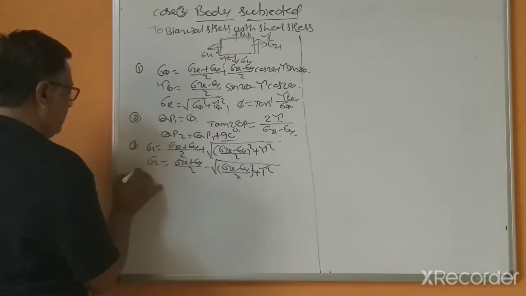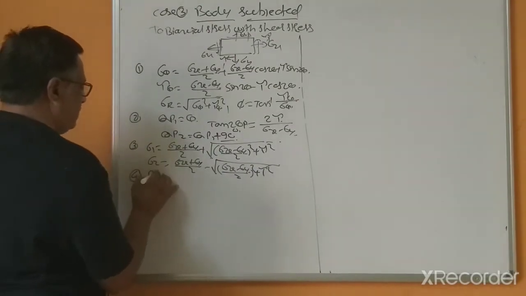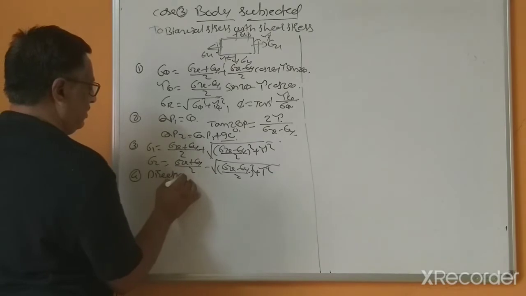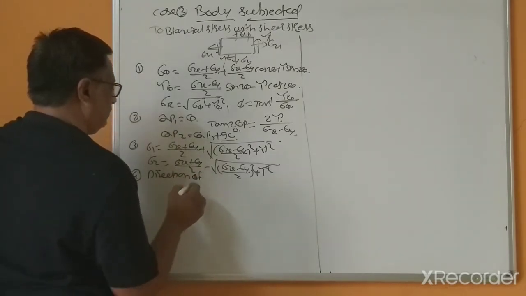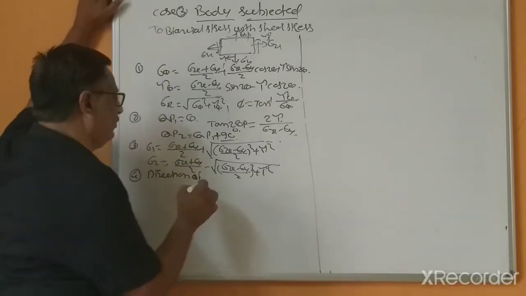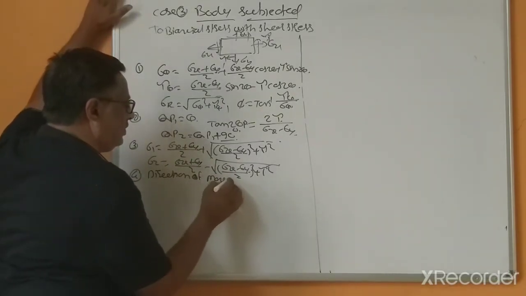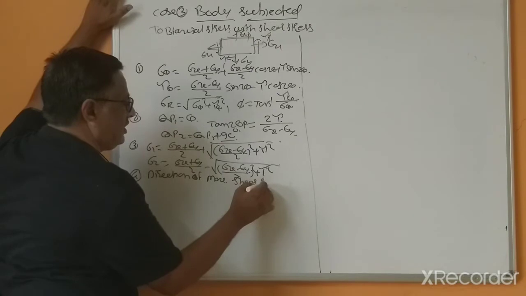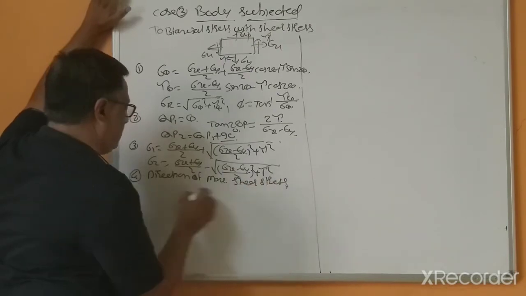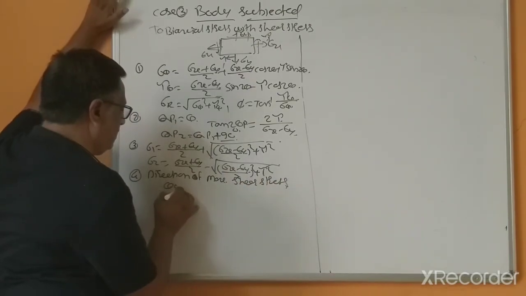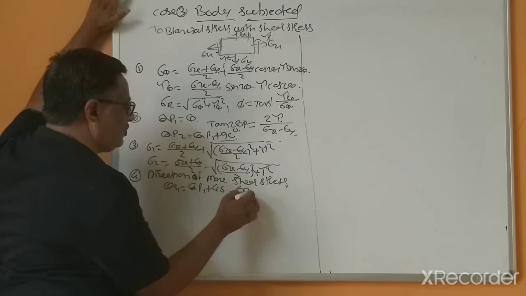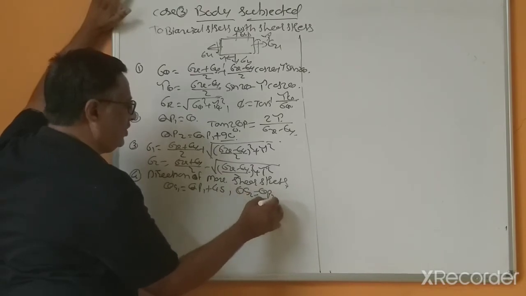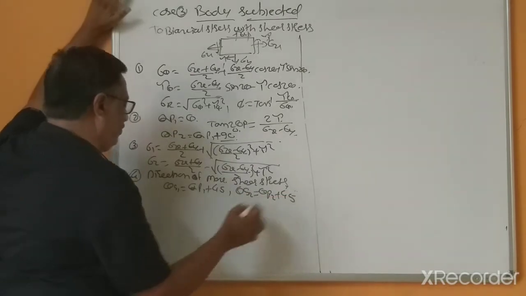So fourth bit is directions of maximum shear stress. So this is equal to theta S1 equal to theta P1 plus 45 and theta S2 equal to theta P2 plus 45.